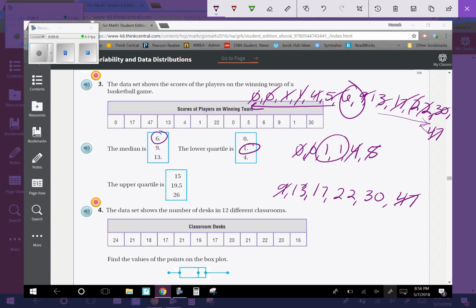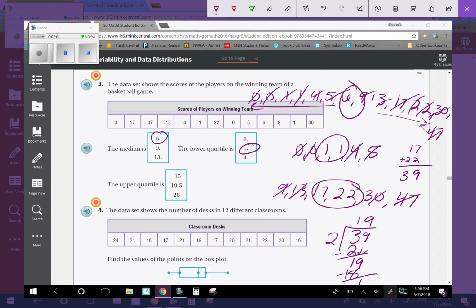Find the median of that set of numbers, which is 17 and 22. 39, you got to divide that by 2. That would be 19.5.